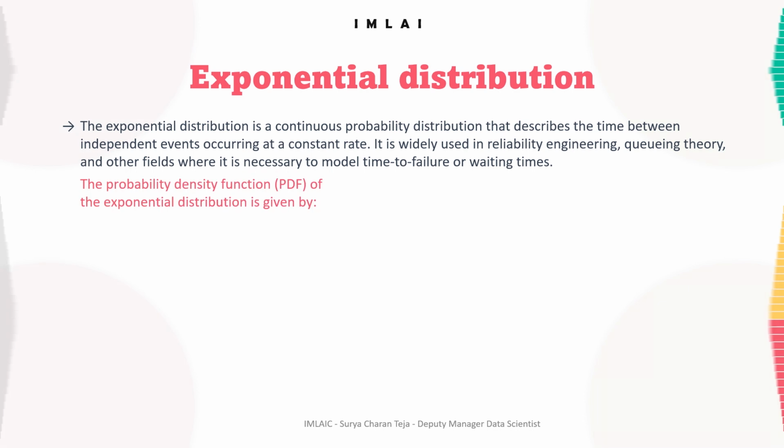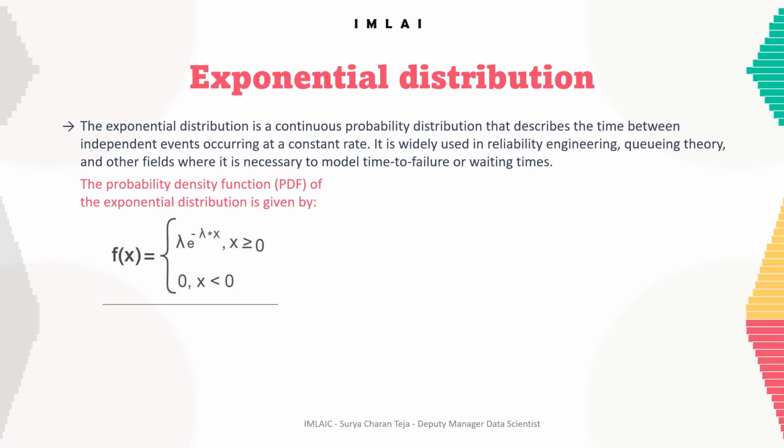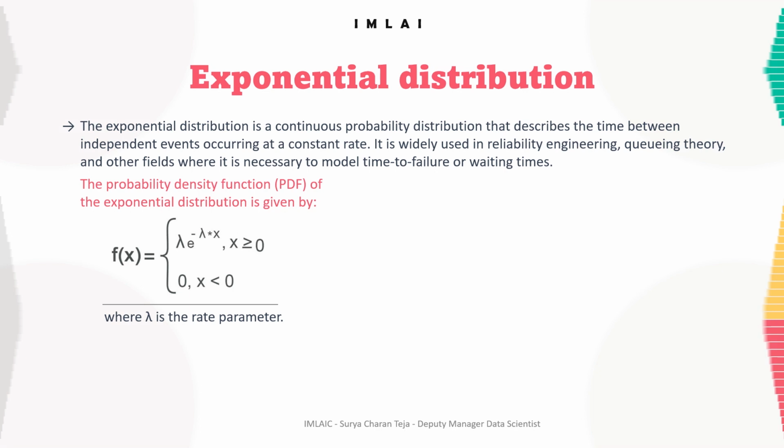The probability density function, PDF, of the exponential distribution is given by lambda multiplied by e to the power minus lambda x if x is greater than or equal to 0. If x is less than 0, then obviously it's 0. Here lambda is the rate parameter.